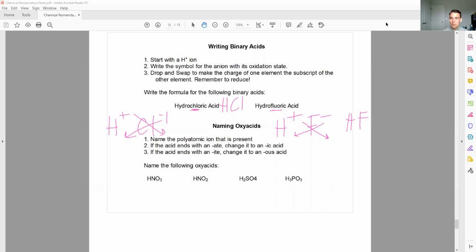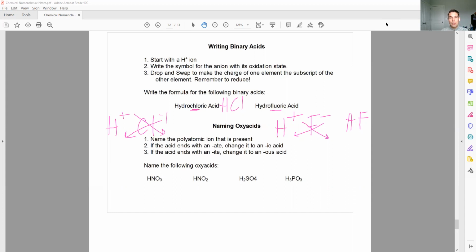Now, oxyacids. Basically, when we have hydrogen with a polyatomic ion, all we're doing is changing the ending of the polyatomic ion. If the polyatomic ion ends in ate, it turns into an ic acid.